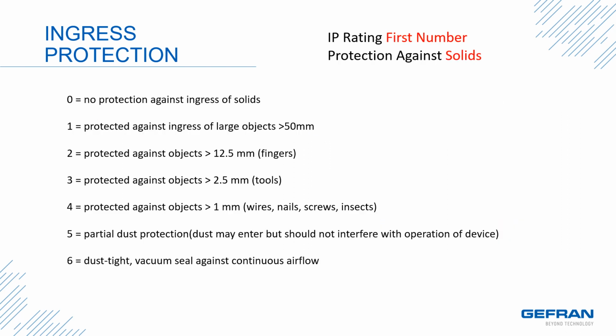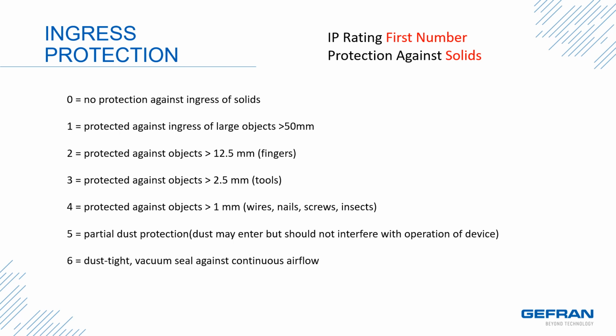First, let's take a look at the first number, which is the protection against solids. If that number is a 0, it means no protection against ingress of solids. If it's a 1, it's protected against ingress of large objects, greater than 50 millimeters. If it's a 2, it's protected against objects greater than 12.5 millimeters, like fingers. If it's a 3, it's protected against objects greater than 2.5 millimeters, like tools.